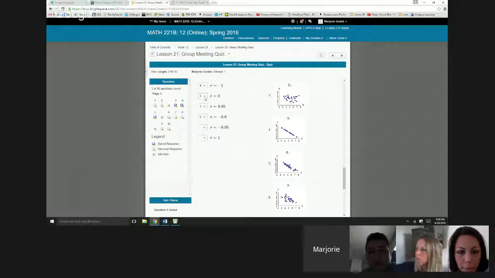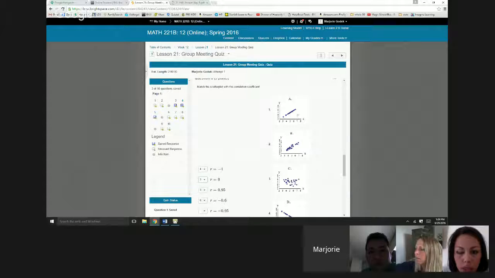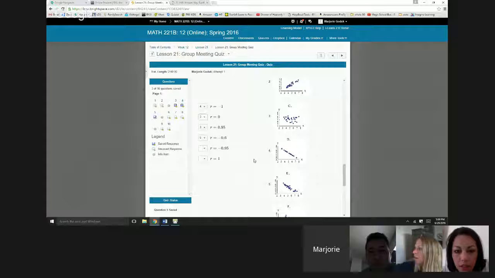And then R equals 1. Scroll up. Is that D? R equals 1 is her A. Okay. R equals 1 is A.